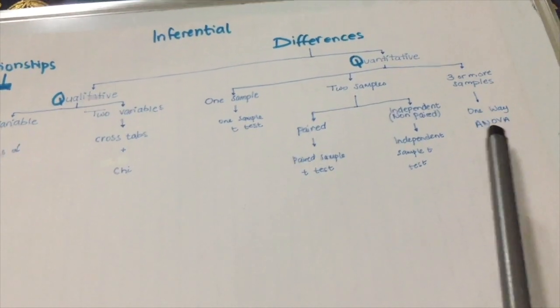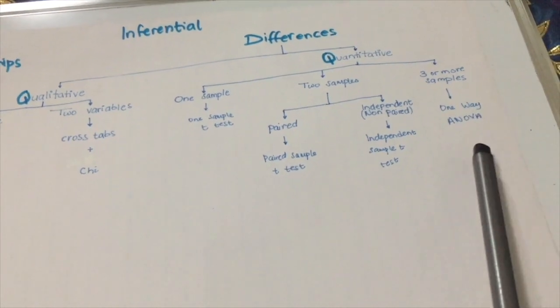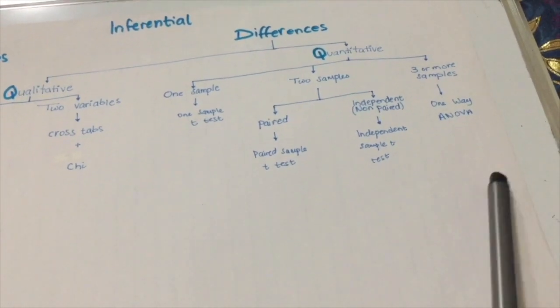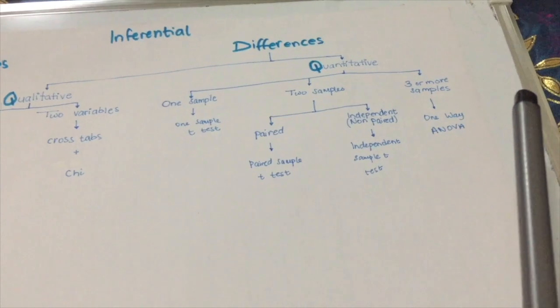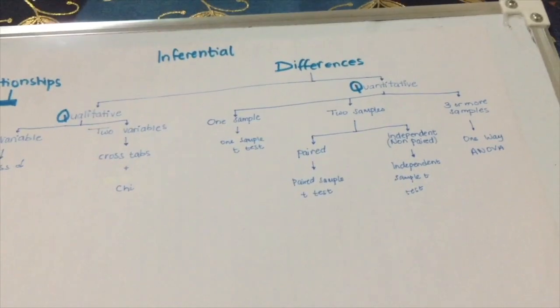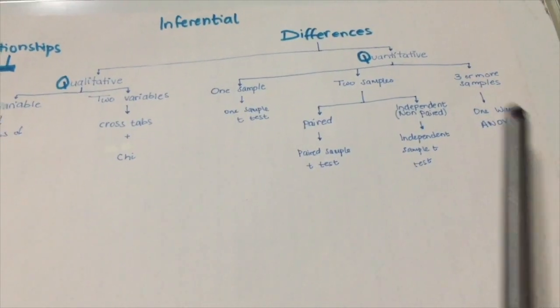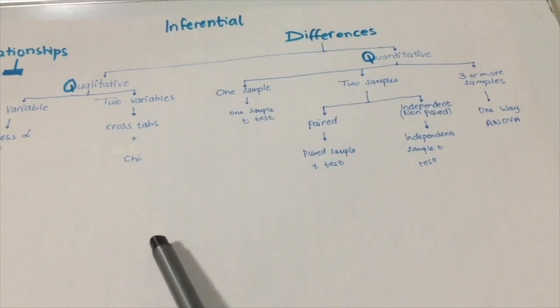Again, just to be clear, it's not the amount of variables, it's just that in one of the variables, the one that's independent, the one that's grouped, there are 3 or more categories.